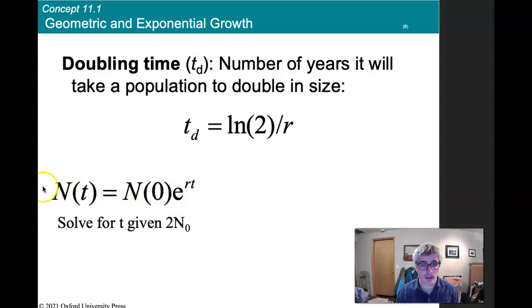Take the natural log of both sides, so we get ln 2 equals r times t. Divide out r, and we're left with the natural log of 2 divided by r equals t, in this case time for doubling. So that's a useful tool if we want to figure out how long it's going to take for this population to double, assuming this intrinsic growth rate, this r value.